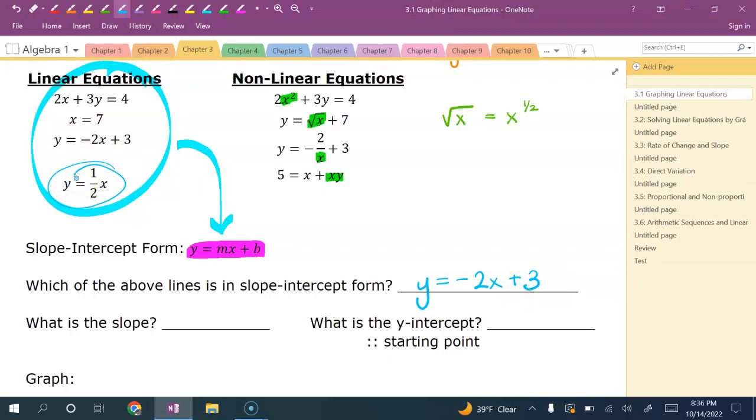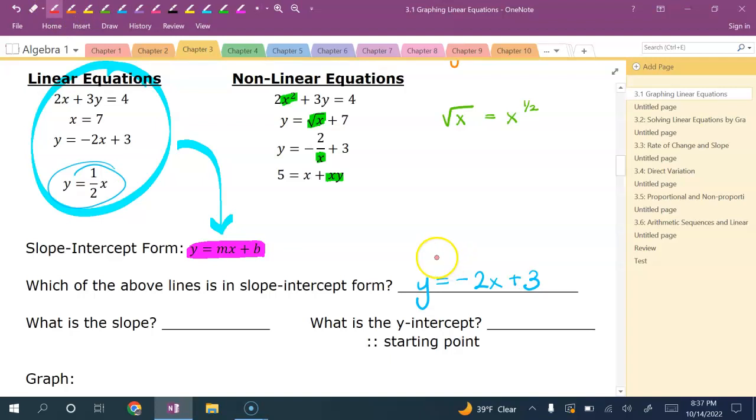It just doesn't have a number added or subtracted onto the end right now. It is technically plus or minus 0, but we don't normally write that if there's a 0 at the end. But I just want you to be aware that that would technically be considered slope-intercept form. However, I want us to focus on this one here, the y equals negative 2x plus 3, because I want to be able to pull some pieces of information to show you how you're going to graph these types of equations. So when you have something written in that y equals mx plus b, there's two really important things that you need to be able to pull.